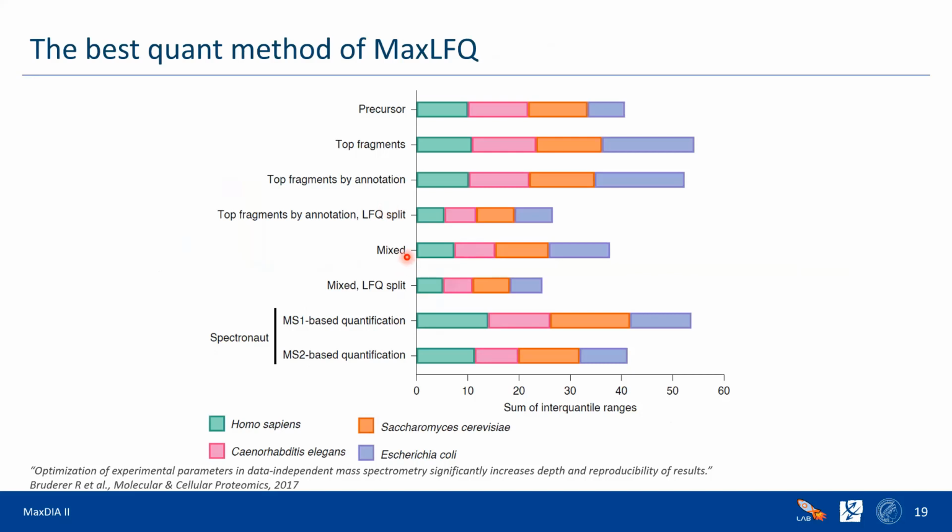But from another point of view, we can do mixed. We can take precursor intensity, take the top fragments by annotation and sum them up, and now for each peptide instance, we're going to have basically 2 values. We're going to have information about precursor intensities, and second, information about summed fragment intensities.